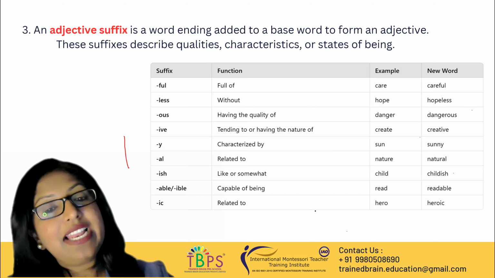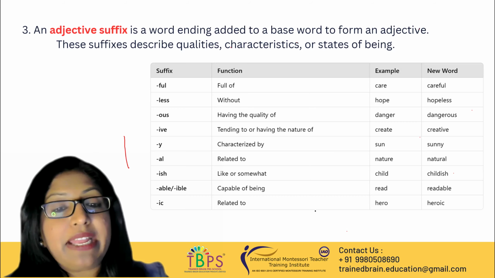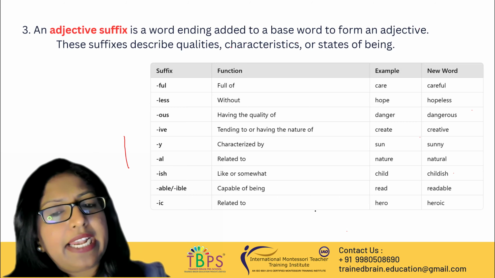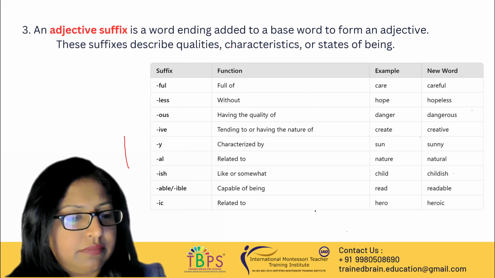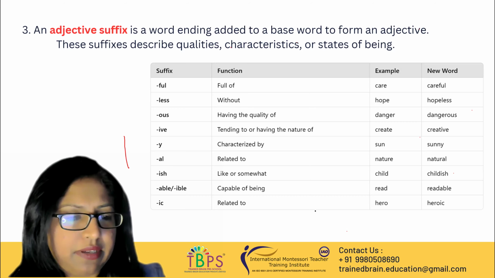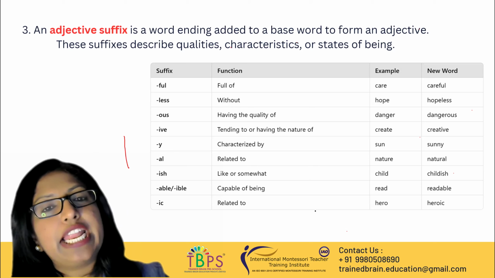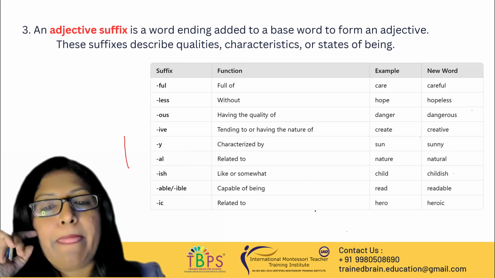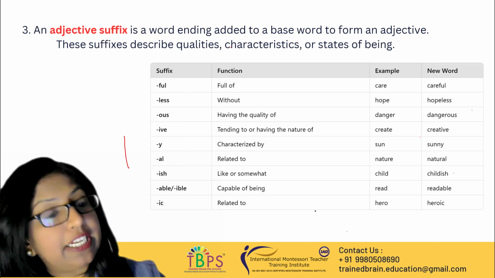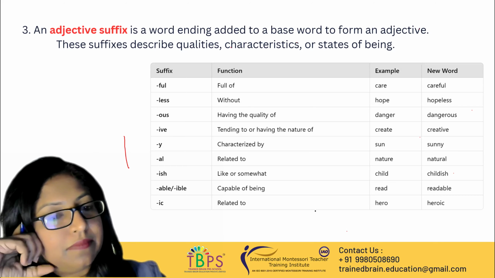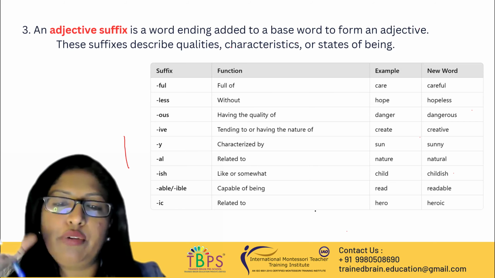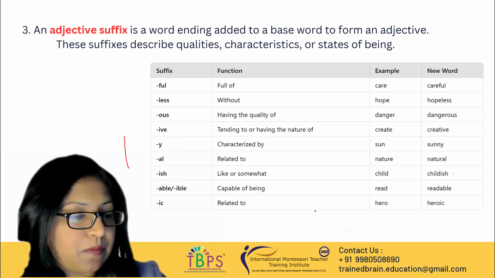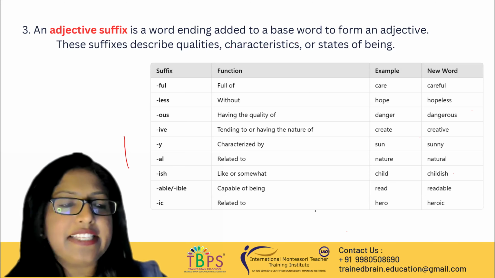Can I use AL as a suffix, which can be related to something? Now it can be relating to what? It can be attached to something. Say, in case it's related to nature, I say it's natural, correct? Now in case it's related to music, musical. If it is related to seasons, seasonal.